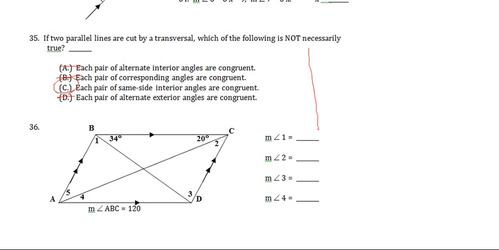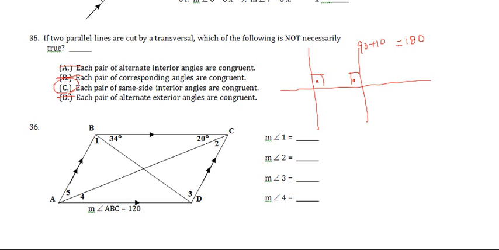Because remember, we have parallel lines that you have right here. Let's say we draw it like this, cut by a transversal. These two right here need to add up to 180 degrees. But it says they are congruent. This is possible. If one is 90 degrees and the other one is 90 degrees, then 90 plus 90 equals 180.